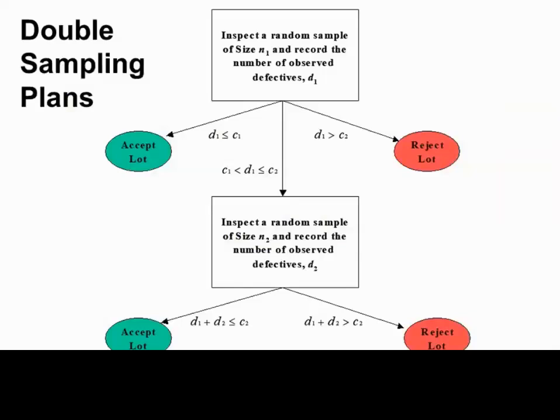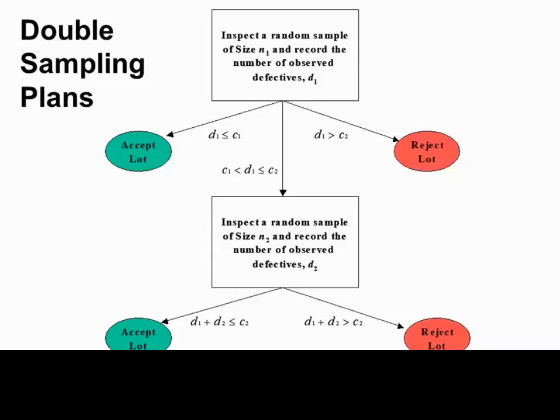If your number of defects found is less than your acceptance number, the maximum allowable, then you're done. You accept the lot. And if it's worse than C2, which is the acceptance number for both samples, and it's so bad that you reject right away.